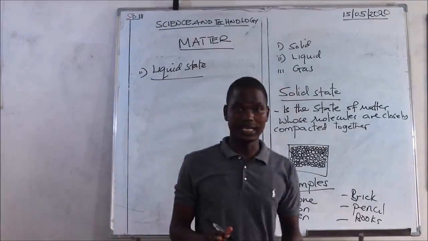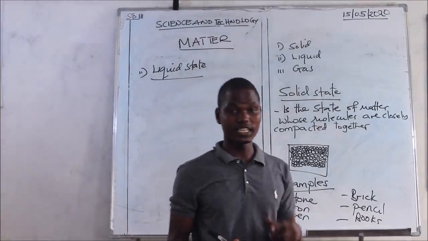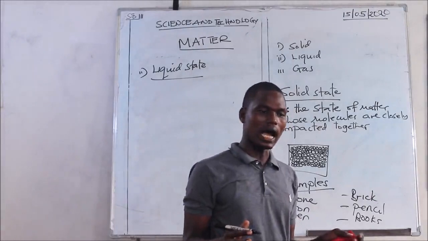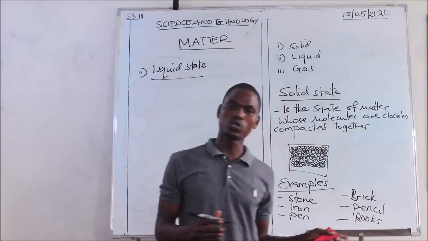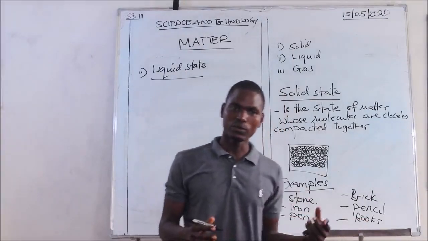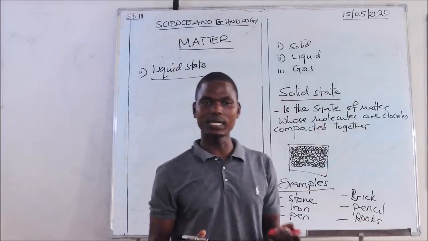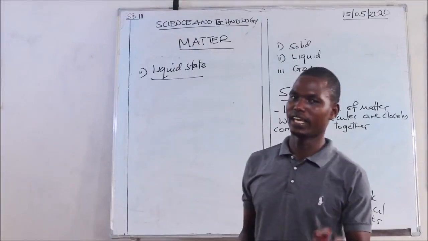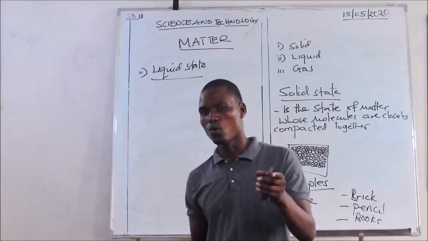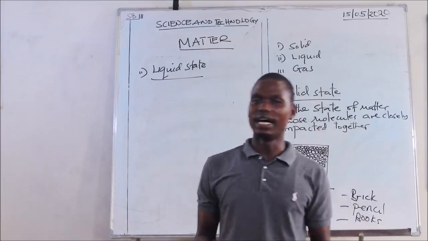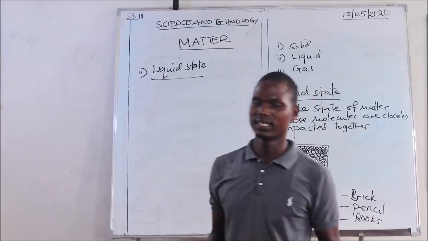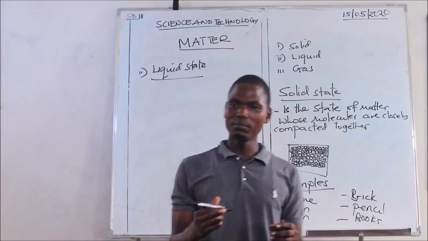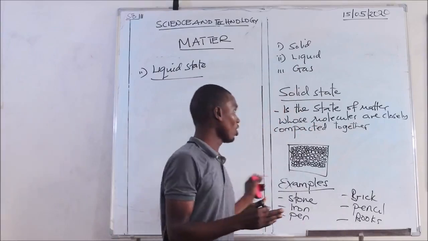Now, liquid state of matter is a state of matter whose molecules are not as close as those of solid. Now, this state of matter contains substances which can flow, like water, like milk, like petrol, and some substances of that kind.